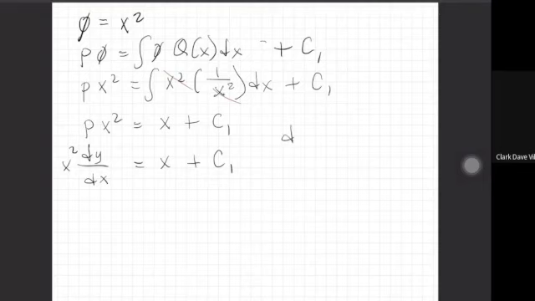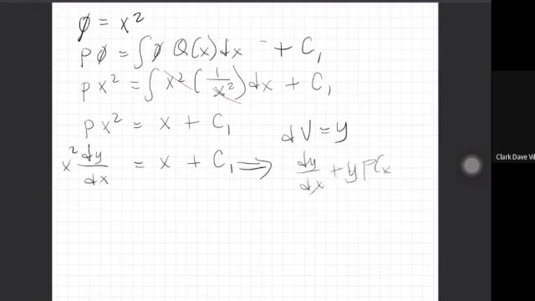Because our dependent variable is y. Even if we arrange this, we cannot transform this into dy/dx plus y P of x equals Q of x, because we don't have a y variable among the terms. But this can be solved by variable separable. You don't need to go through the linear method.